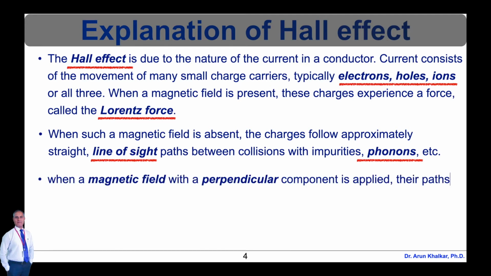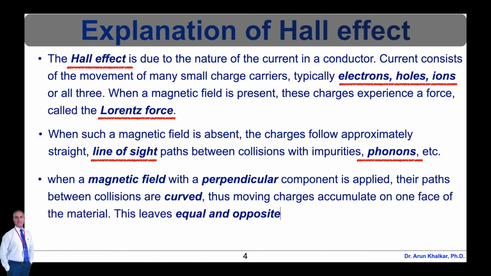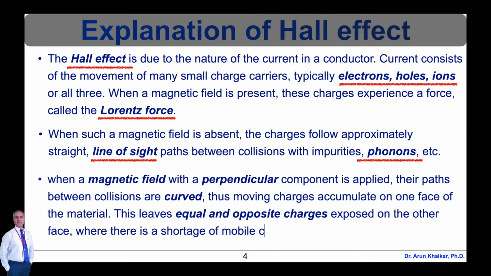However, when a magnetic field with a perpendicular component is applied, their paths between collisions are curved. Thus, moving charges accumulate on one face of the material. This leaves equal and opposite charges exposed on the other face, where there is a shortage of mobile charges.